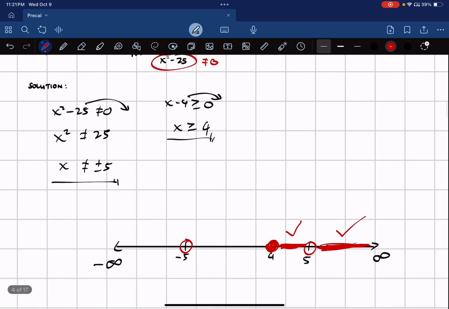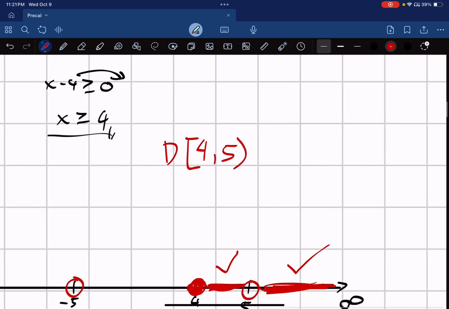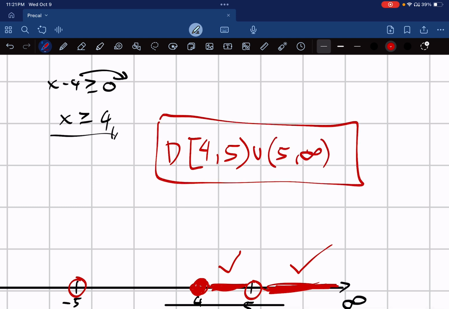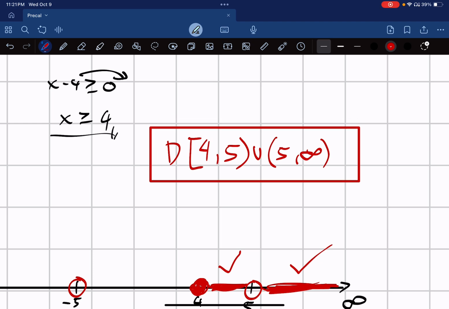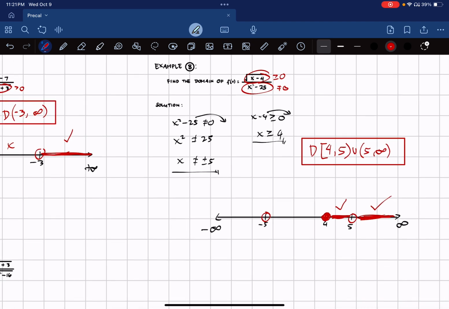So the domain is 4 to 5, including 4, not including 5, union 5 to infinity. That is our domain. For the gets.